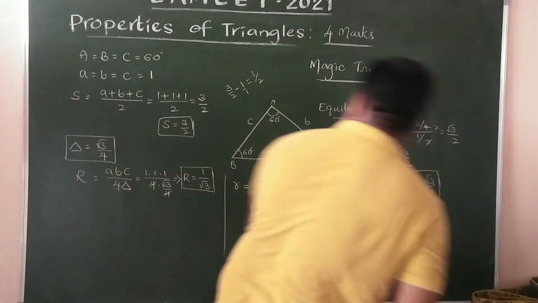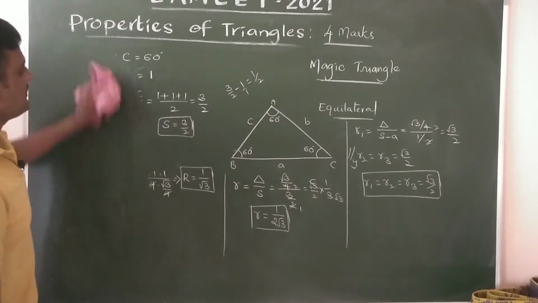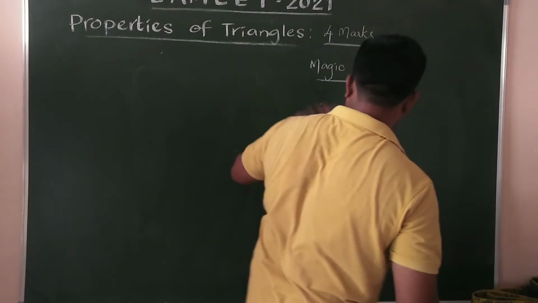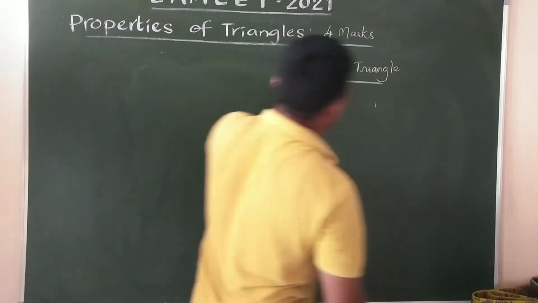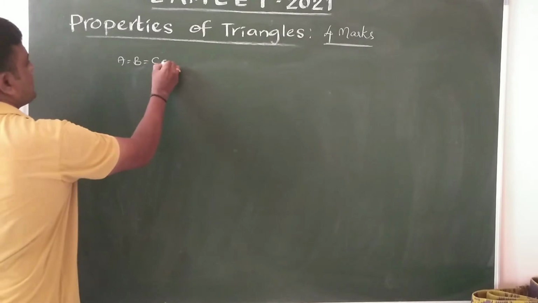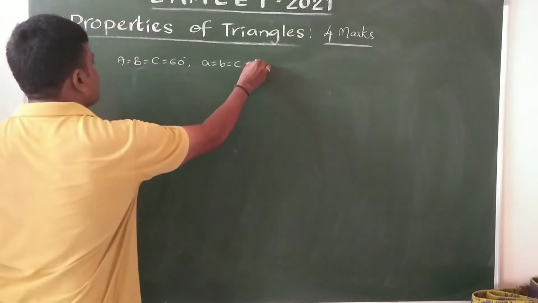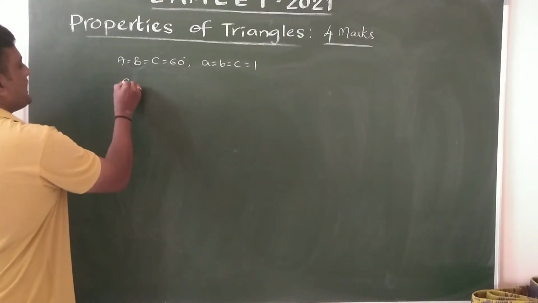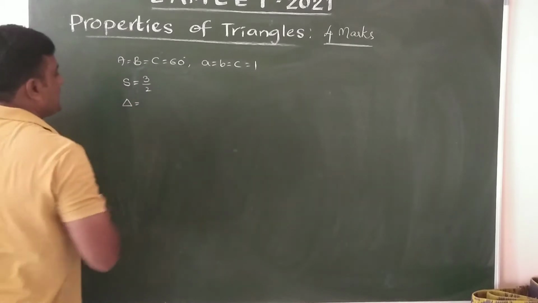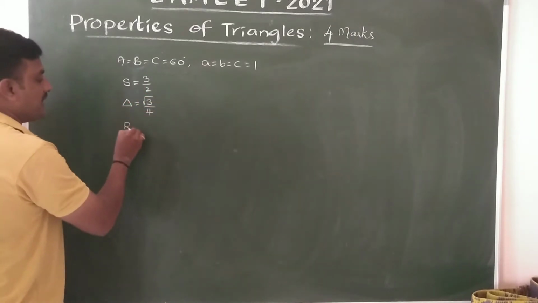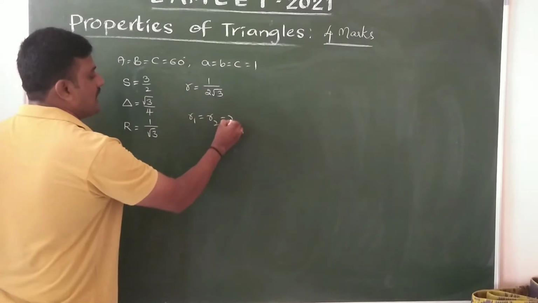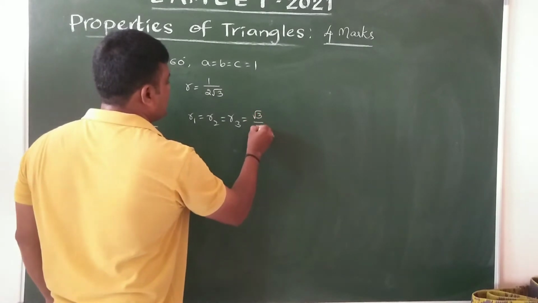Remember, whenever the magic triangle is applied, we take the values a equals b equals c equals 60 degrees, a equals b equals c equals 1, then s equals 3 by 2, delta equals root 3 by 4, capital R equals 1 by root 3, small r equals 1 by 2 root 3, and R1, R2, R3 equal root 3 by 2.